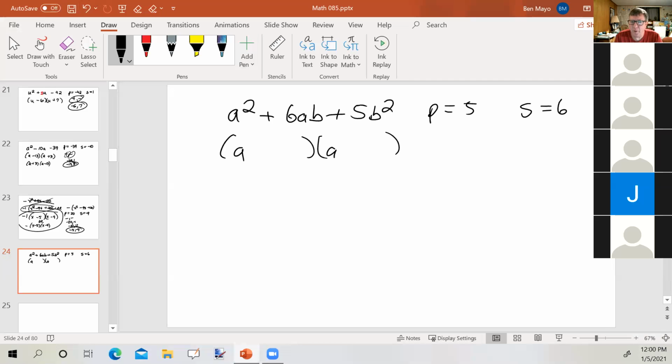But the sum is positive, so both numbers have to be positive. Let's see, how about 5 and 1, plus 5 plus 1. Now, this isn't the right answer. I'm not done yet. What have I forgotten?